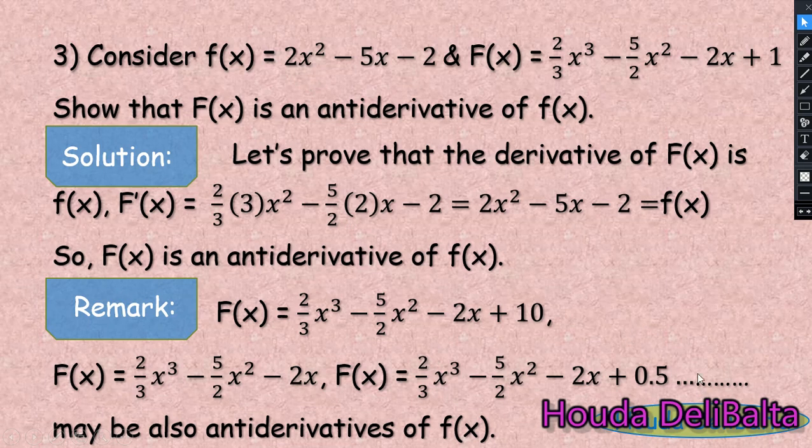Every time I change the constant, I will get a new antiderivative. And that's why every time I'm asking you to show that capital F of x is an antiderivative, and I'm not saying it is the antiderivative, because there are so many antiderivatives depending on the constant. And we'll talk about this issue in the coming video, inshallah.